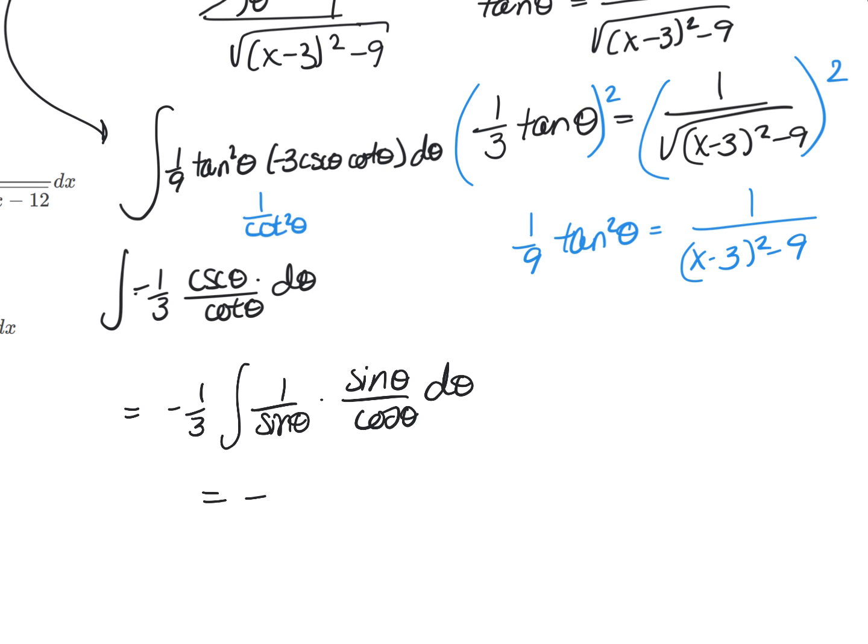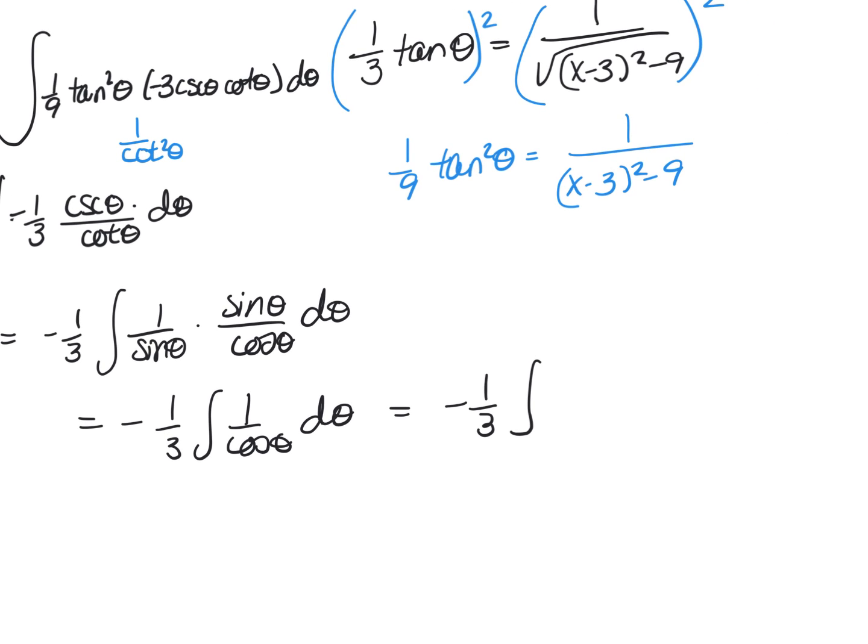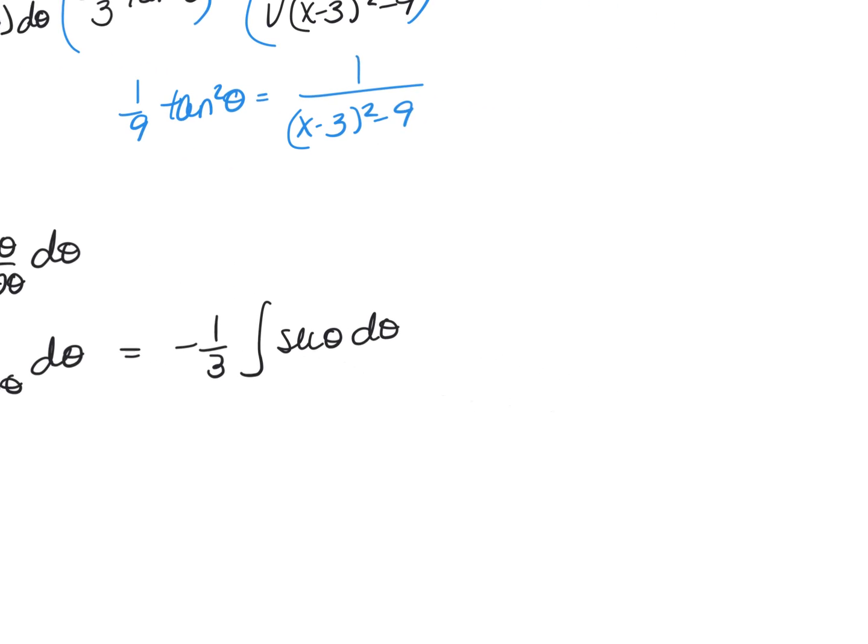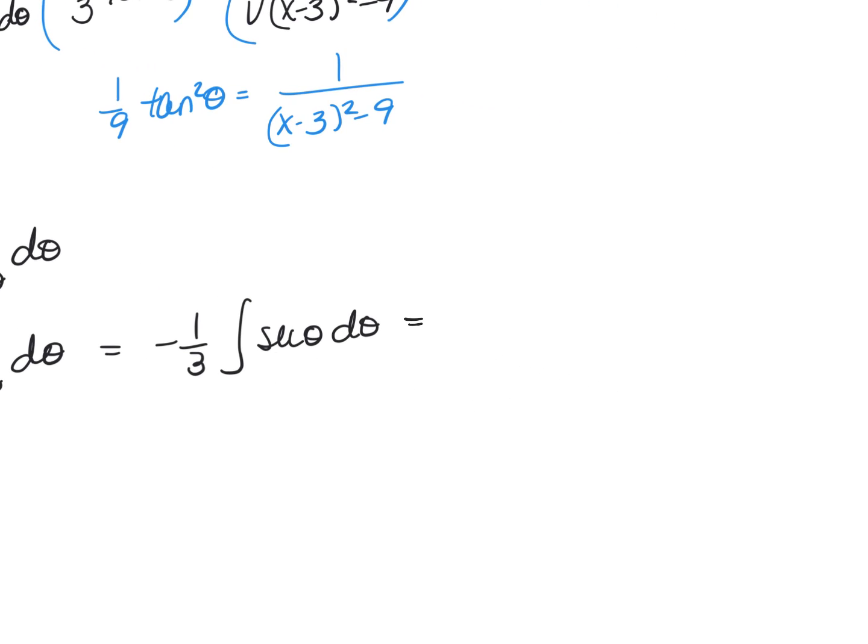And so this becomes -1/3 the integration of 1 over the cosine theta, d theta, which is -1/3 the integration of the secant of theta, d theta. Oh, we've seen this a million times. So this becomes the natural log of the absolute value of the secant of theta plus the tangent of theta plus c. And then don't forget to back sub.